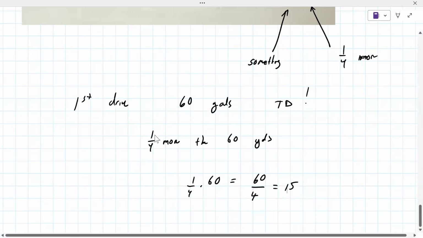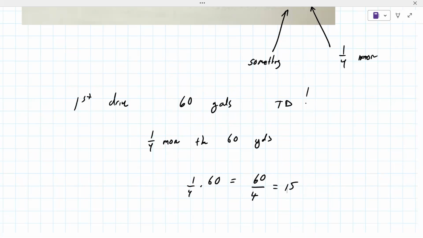But that's just the fourth part. The fourth more means you're doing what with this number here? How does this number get included when it's a fourth more? We did this in number 1, question 2. We did this in number 2.